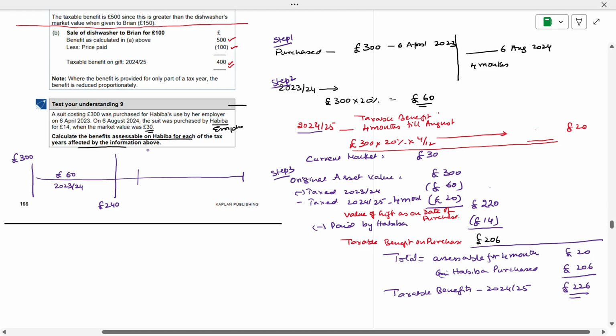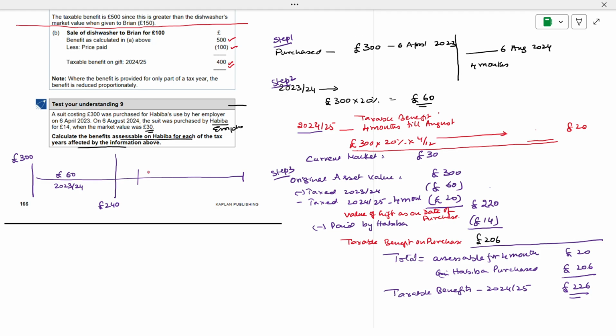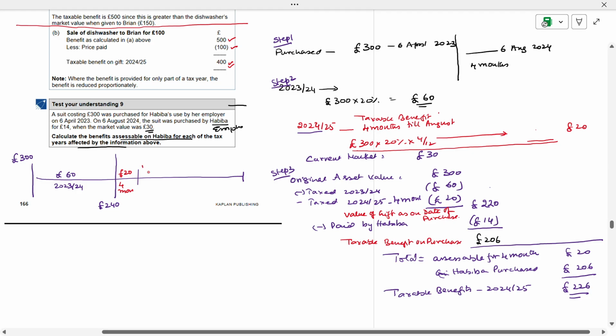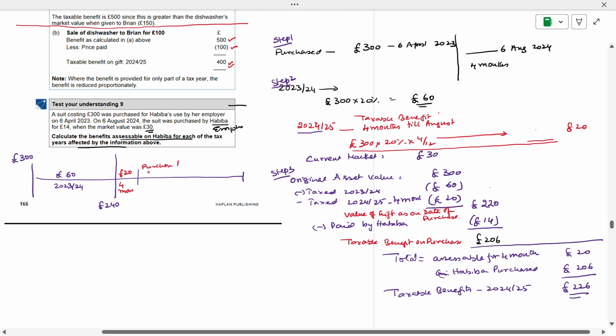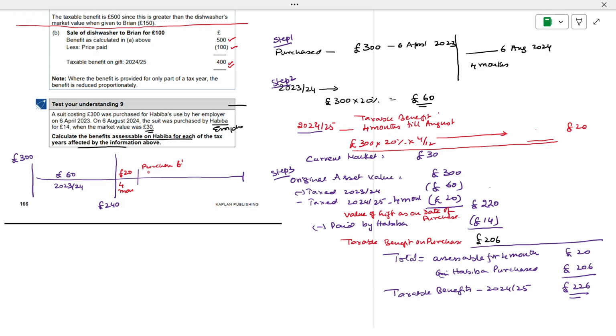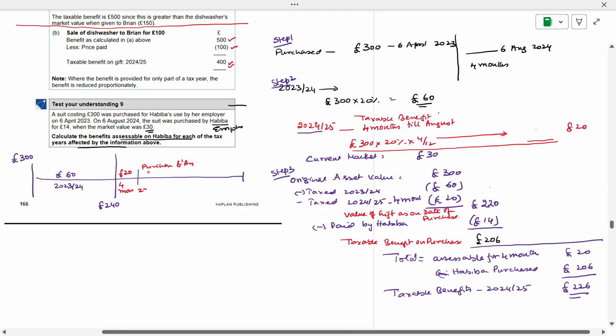Yes, sir. Okay, now the value is what? This is for 4 months. For 4 months, how much have they charged? 20? Yes, sir. When they purchased on 6th August, 240 minus 20 comes to 220.